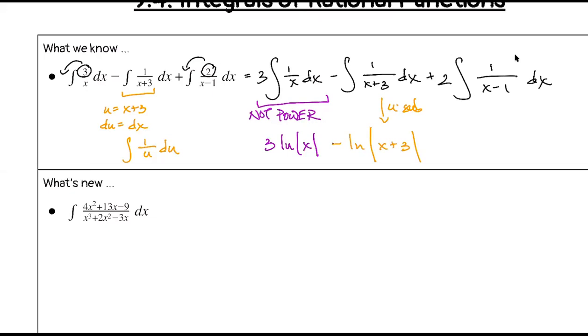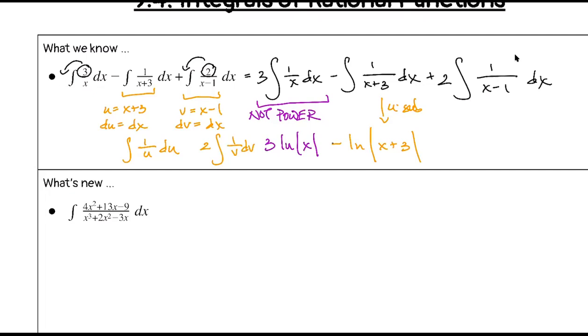Now you can use the letter u, I think, in an attempt to make things easier. You folks let me know if it's actually easier or not. I just used a separate letter. I said v equals x minus 1 and dv equals dx. And then I was able to write the second integral as 2, the integral of 1 over v dv, okay? You can use u as well. Some people do like a u sub 1 or u sub 2.